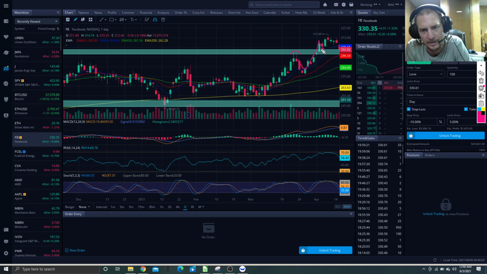It doesn't quite test all the way down, but I would take this simply because MACD's bullish, RSI's bullish, stochastic's bullish, and if you look straight down from here, stochastic's bullish here also. So on that retest, you buy.